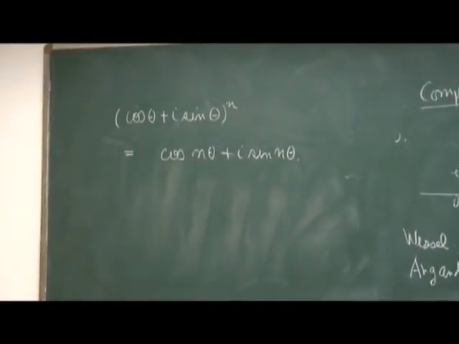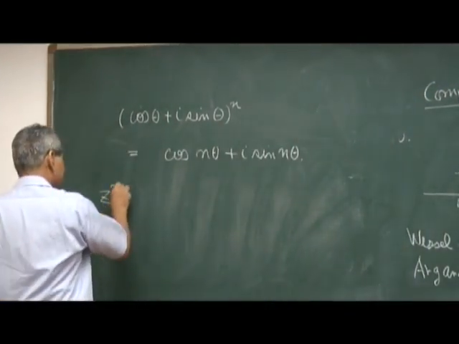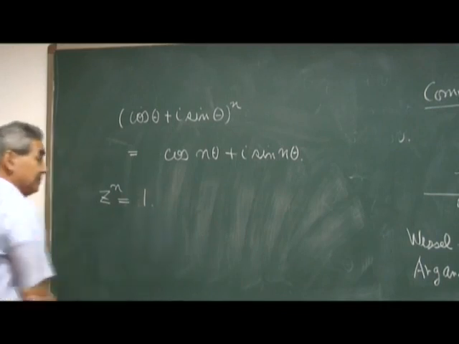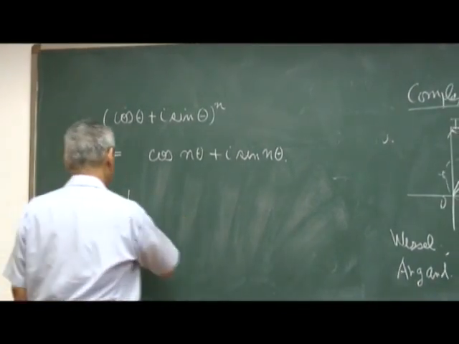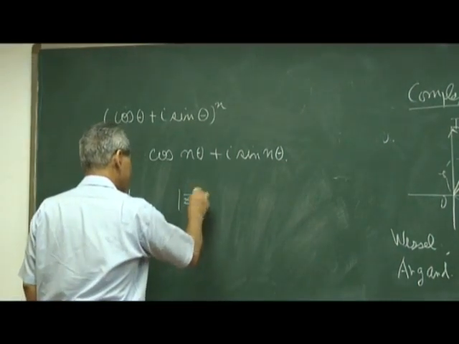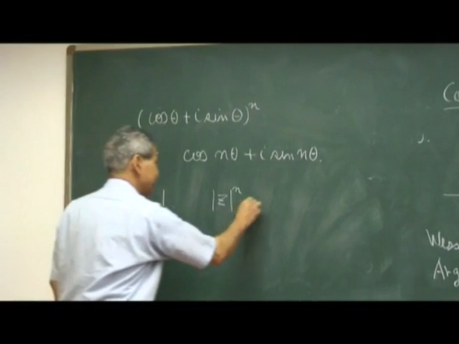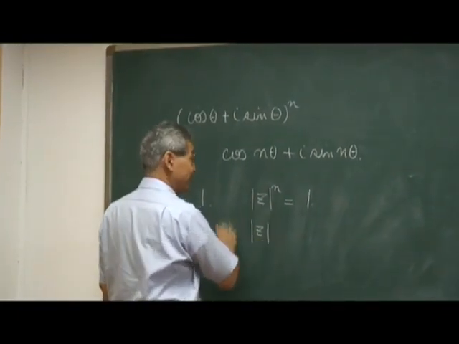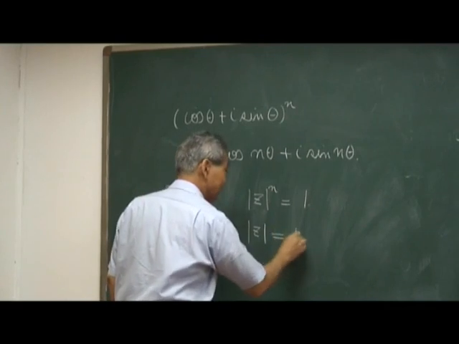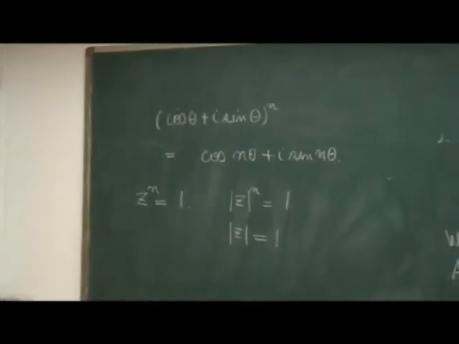So in this way, you can easily solve this equation. Because first of all, if this equation can be solved, then its absolute value should be always this way. So that means the absolute value is a positive number, so it should be 1. Okay, so z and this l should be 1.